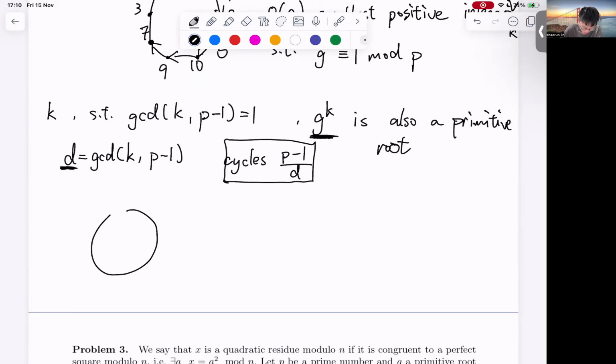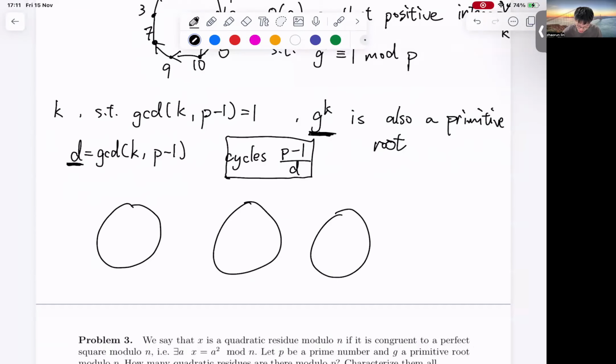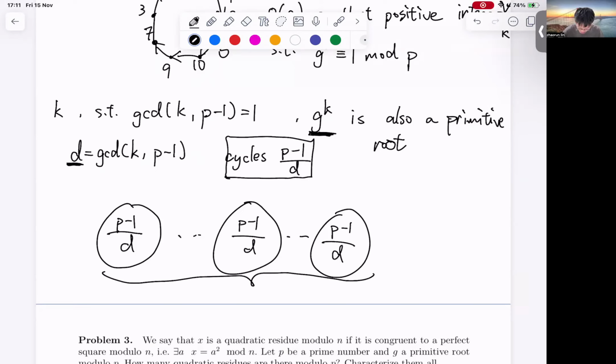The permutation graph of g to the power of k would look something like this. It may have several cycles with the same length, and actually there are d cycles.